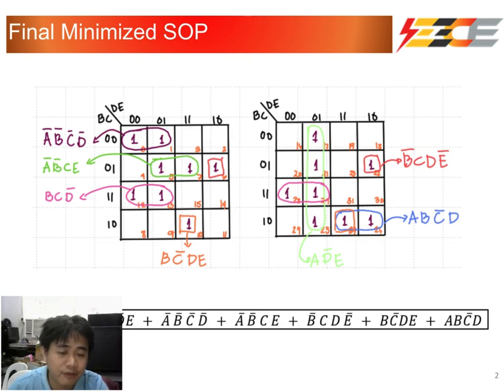Collecting the implicants from both A planes yields the seven-term minimized SOP. It fully recovers the minterms originally found and is minimal, as seen by the maximal groupings on the map.